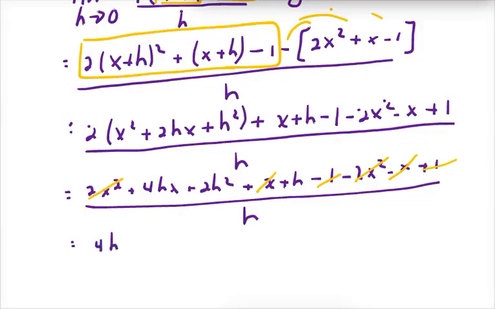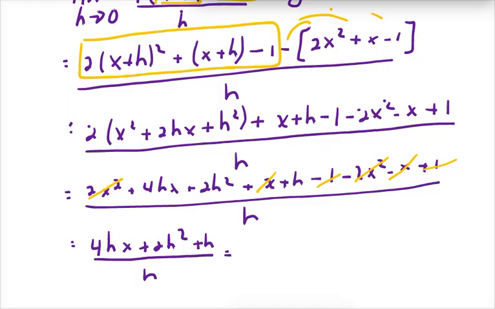So you're left with 4hx plus 2h squared plus h. Did I get everything there? I think so. So now all over h.